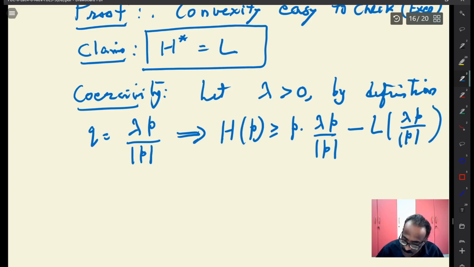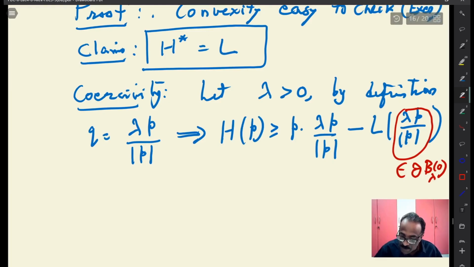Look at this vector. It belongs to the ball of radius lambda, which means it is on a compact set. Therefore this has a maximum. You check these proofs.